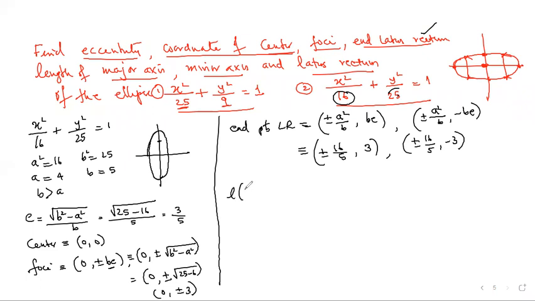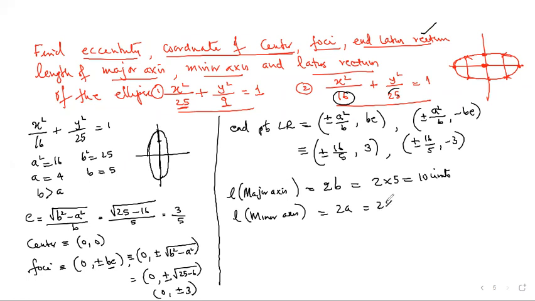Then length of the major axis. What will be the formula? 2b. Bigger length. 2 into 5, 10 unit. Length of the minor axis: 2a. 2 into 4, 8 unit.